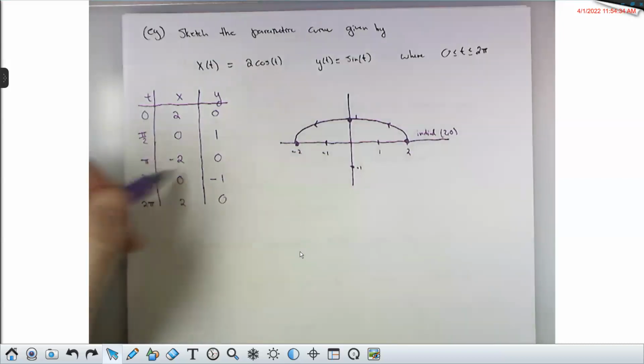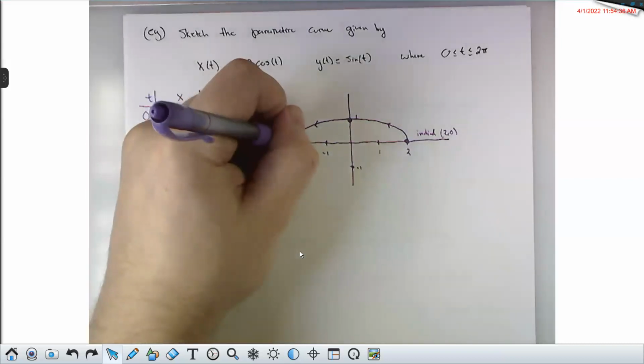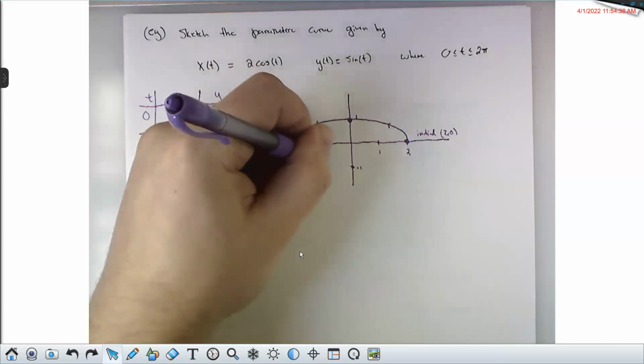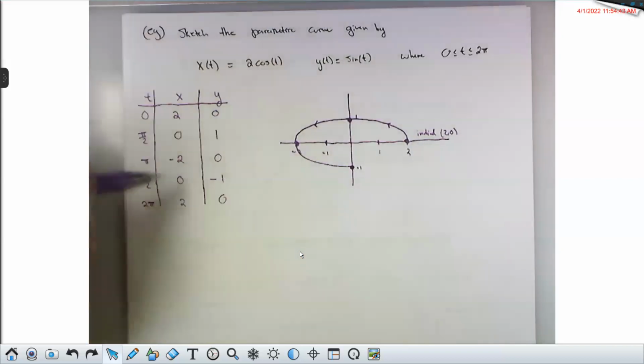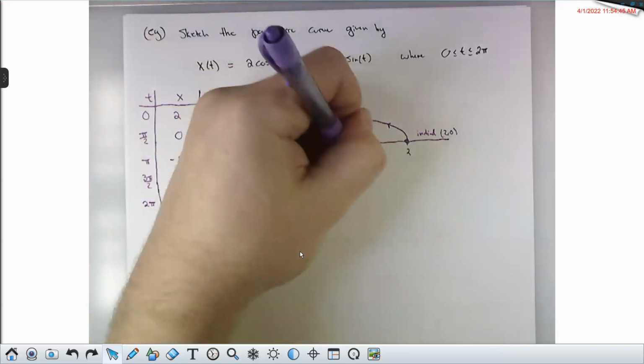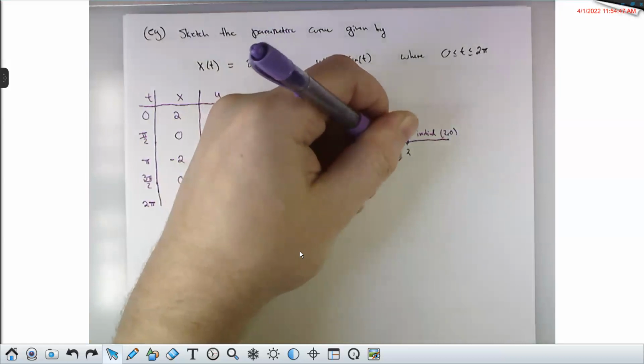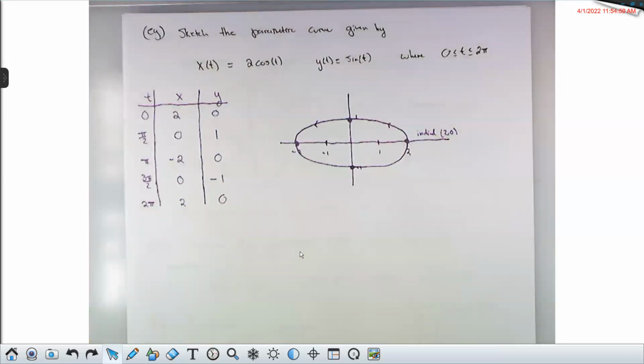As we run past t equals pi, we come here towards this point, (0, -1). And then as t goes back towards 2 pi, we're going to come back over here.